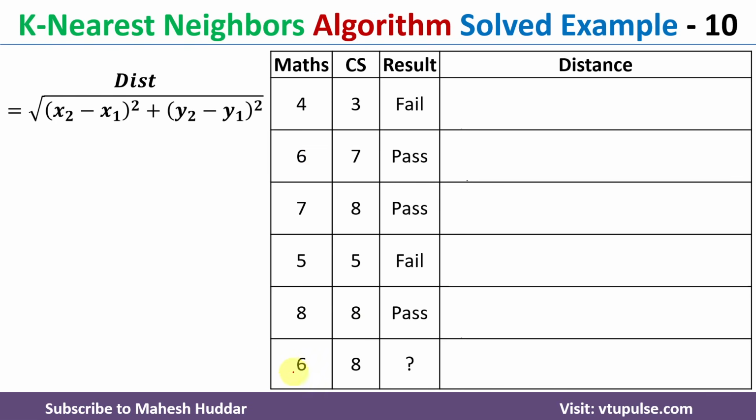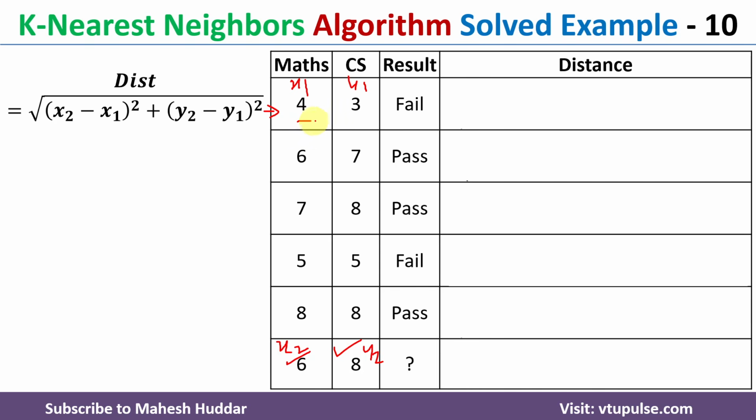So here we can see that this 6 and 8 is a test instance and the remaining data points are the training instances. So in this case, this 6 is x2 and 8 is y2. And the remaining data points, that is maths is x1 and CS is y1.